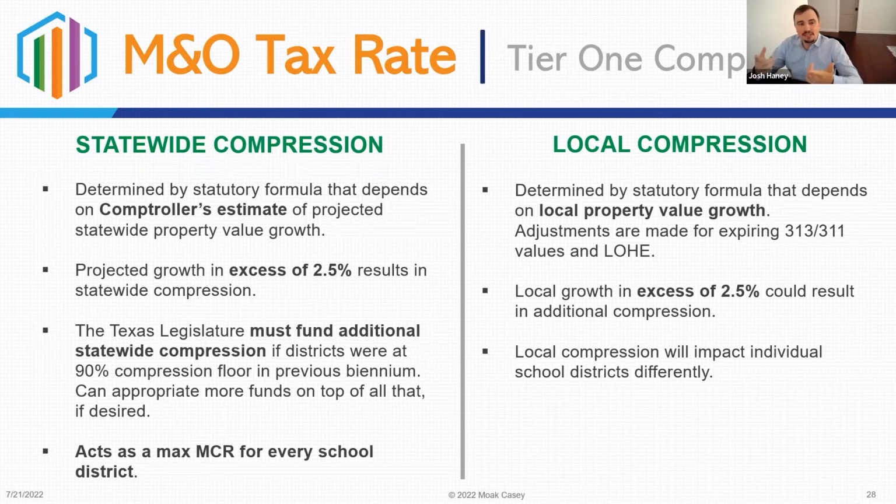But the following session, the state has to take that savings and buy down the statewide compression rate. We're going to talk about that a little bit more later on. With this last session, there were some districts at that 90% floor, and so the state had to appropriate additional dollars to pay for this obligation for additional statewide compression.